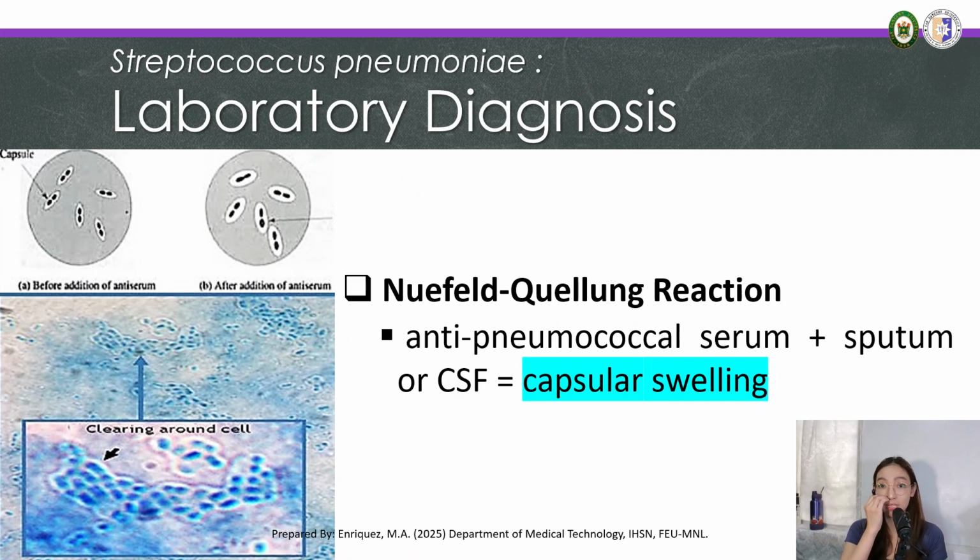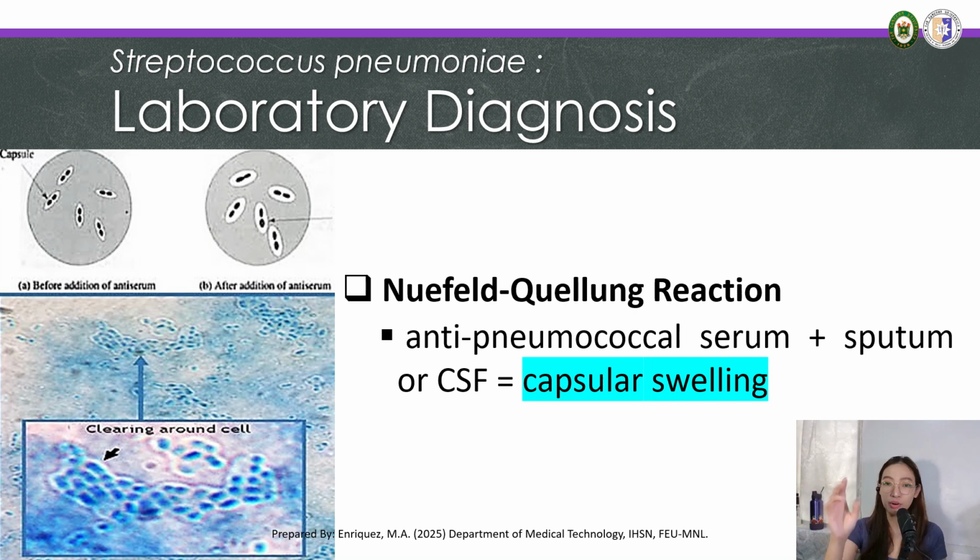Another test that could help us identify if the isolate is strep pneumo is through the Neufeld-Kellung reaction. Basically, an anti-pneumococcal serum, which is a serum that contains antibodies to the pneumococci, is added to the sample and then it's examined microscopically. So if for example, may lobar pneumonia yung pasyente, nagkolekta ng sputum.